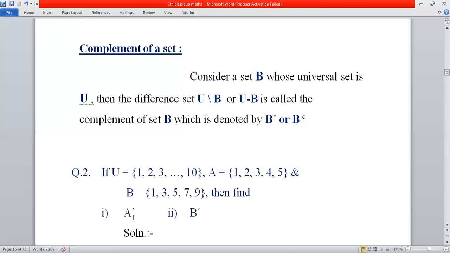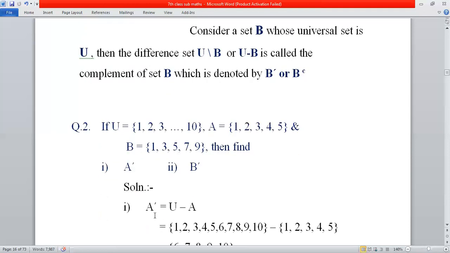You have to find A complement; this A bar means A complement. It is also called A bar or A complement, and B complement. Now come to the first part, A complement. How can we find A complement? From the universal set, we subtract this set A. So in place of U, we write the universal set.